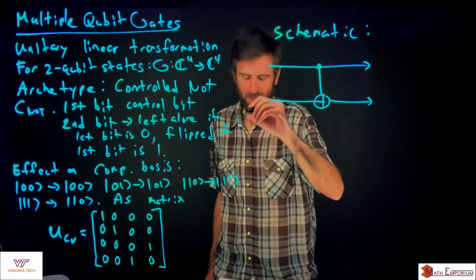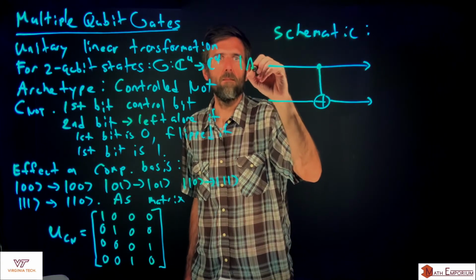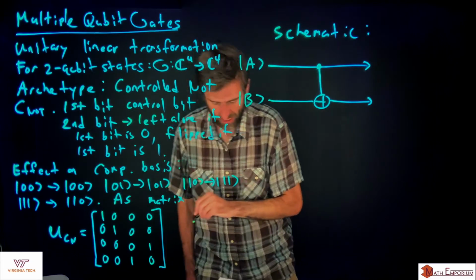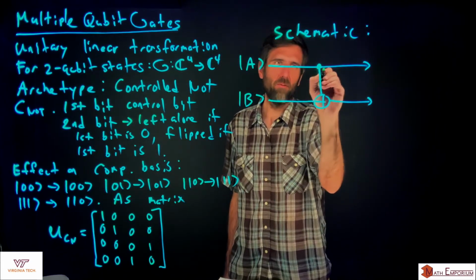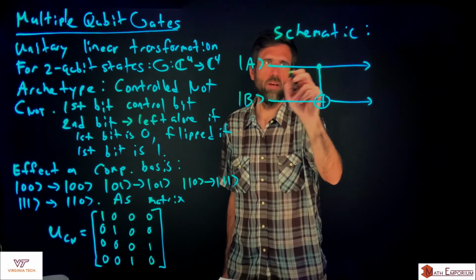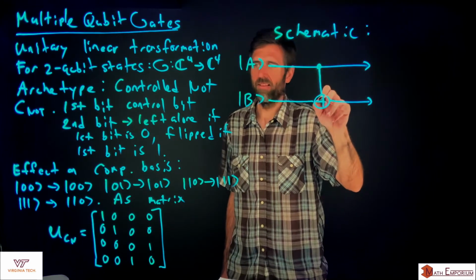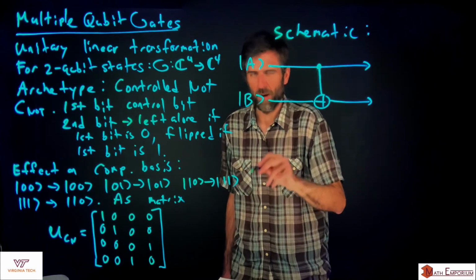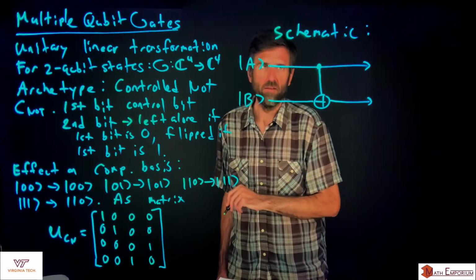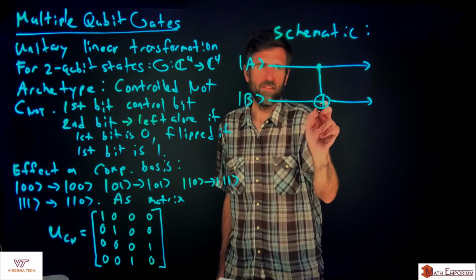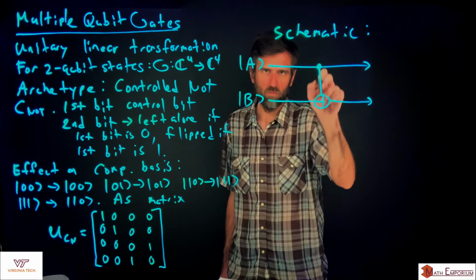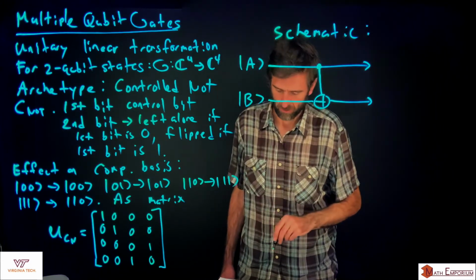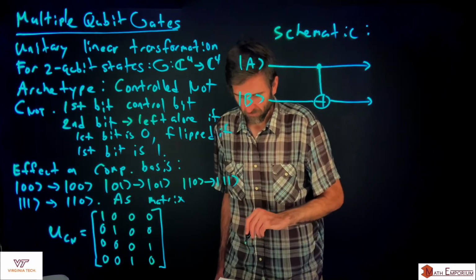If I have an input here that's A, and an input here that's B, a dot in one of these circles always indicates control. So this is saying activate this gate if and only if the qubit along this wire is 1. And then this is saying what operation should be activated, and that's the XORing of the two input bits.